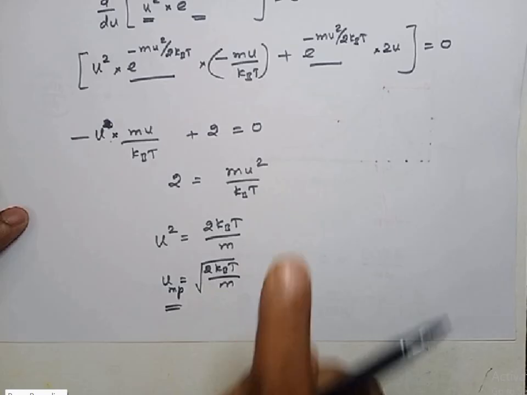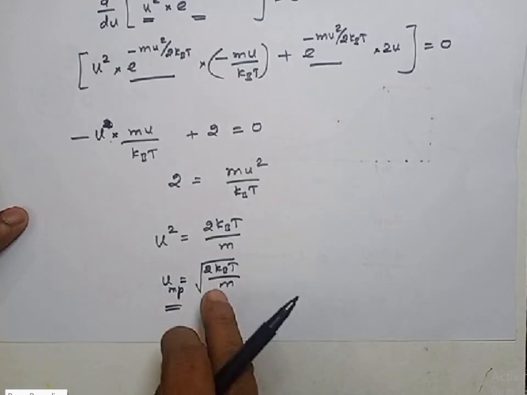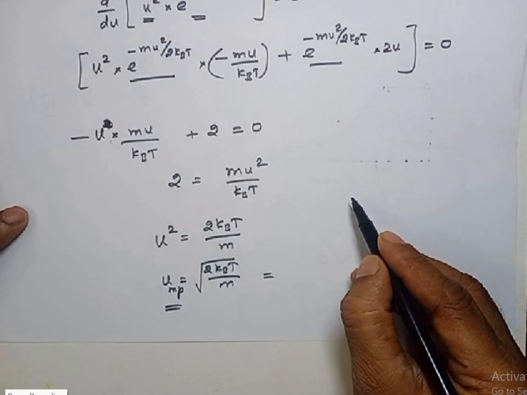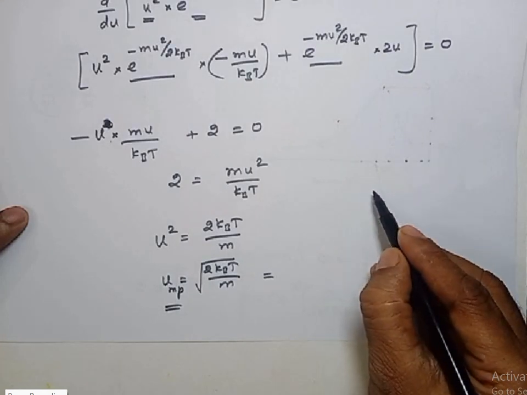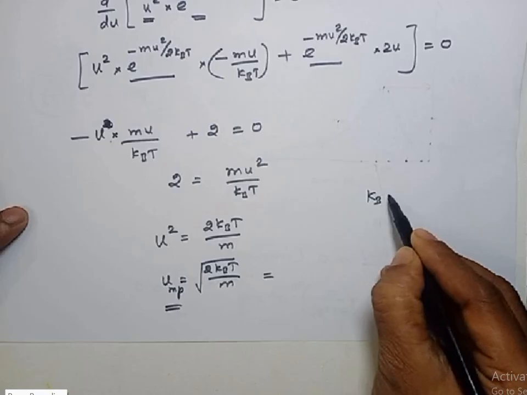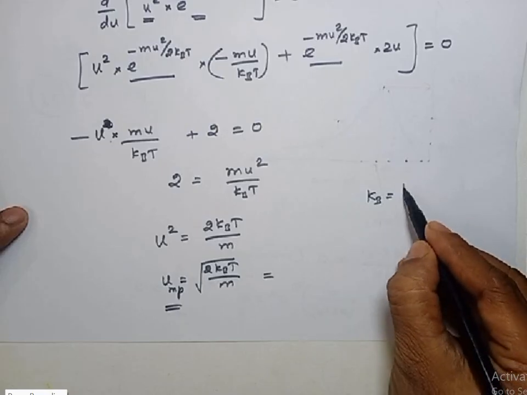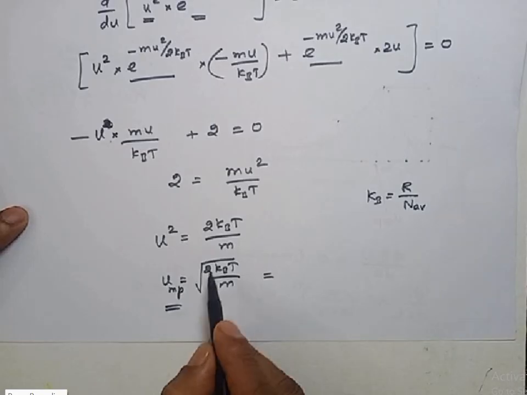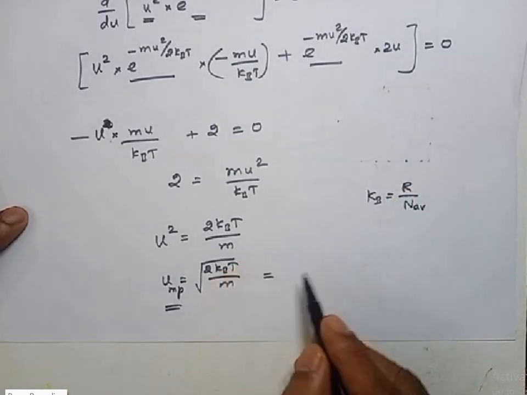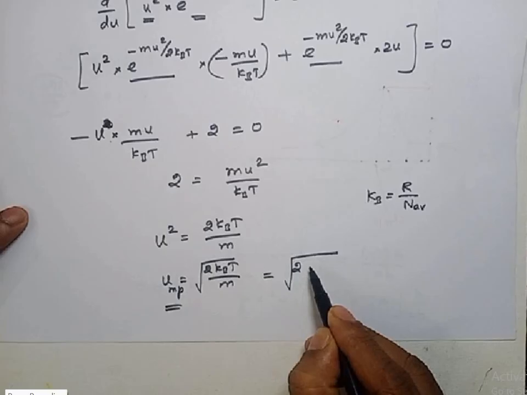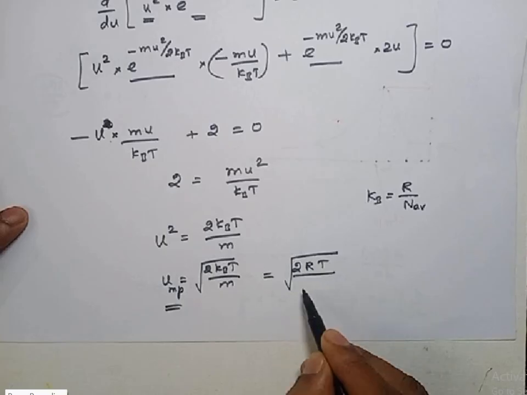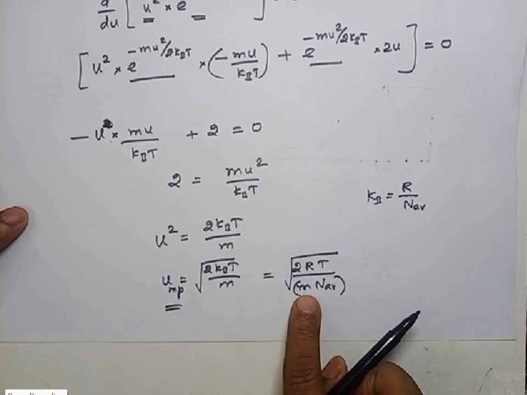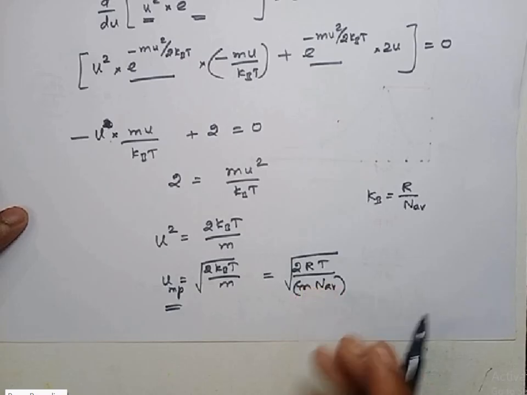Here m is the mass of one molecule. If I put molar mass, what will happen? We know very well that kb is nothing but gas constant by Avogadro number. So in the place of kb, if I substitute this, we get 2RT by m into Avogadro number. M is mass of one molecule, and into Avogadro number will give molar mass.